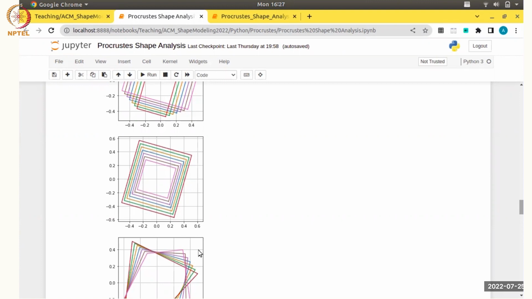But what seems to be visible from this is contradictory to our assumption, right? Size should not be there in a shape variation. Why is that coming? It's clearly scaling, right? And why is it showing up like this? The aspect ratio is not changing. Aspect ratio change is over here.